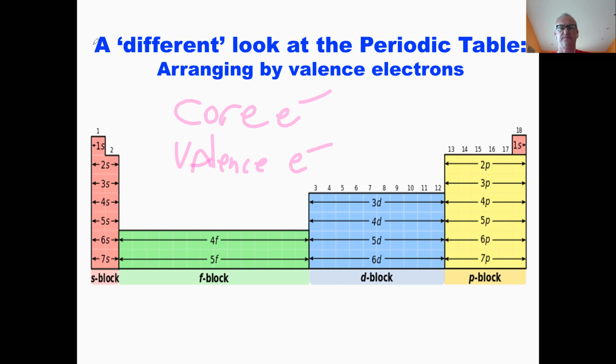What's the difference? What do you think? What is a valence electron?